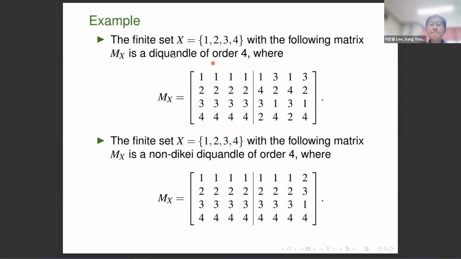Then the finite set X = {1, 2, 3, 4} with the following matrix is a diquandle of order 4. And the same set with this matrix is actually a non-dual diquandle of order 4.